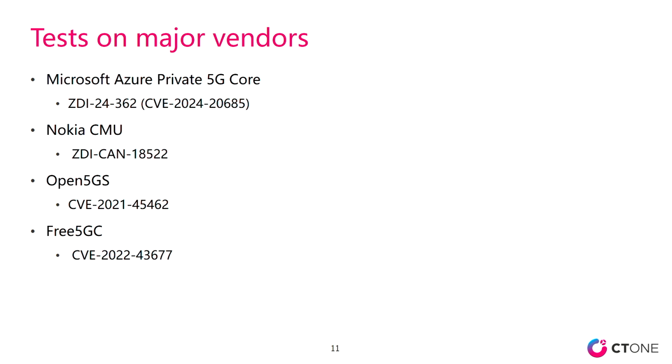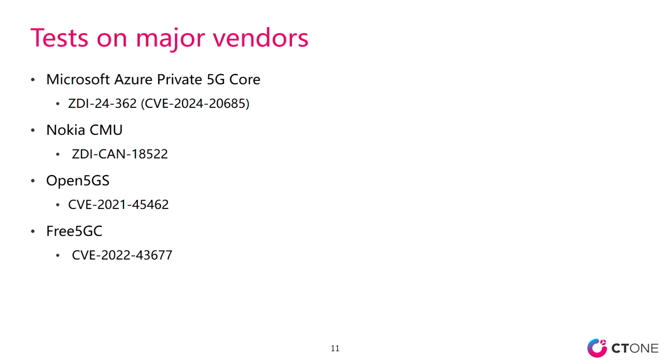We have verified, these are some of the CVEs and 0 days we filed on different packet cores. All these attack vectors that I mentioned have been verified in different packet cores. Some of them are commercial, like Nokia CMU or Microsoft Azure, and there are others. And some are in Open5GS, Free5GC, they are open source. Then why do we use open source?